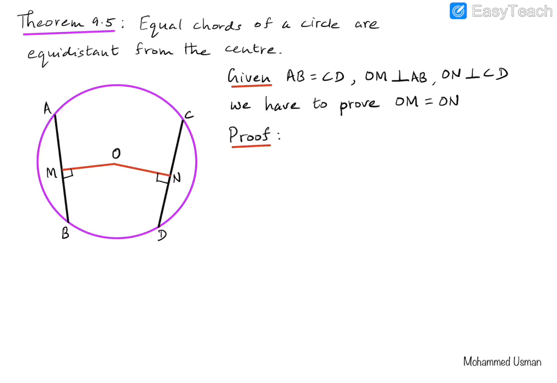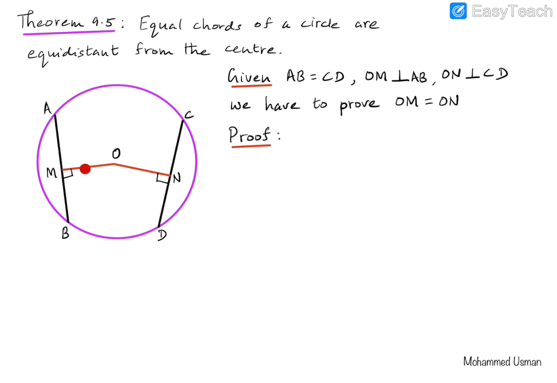So AB equals CD is given to us, and we are also given that OM and ON are perpendicular to AB and CD respectively. OM is perpendicular to AB because the distance of the chord to a point is the perpendicular line between the chord and the point.